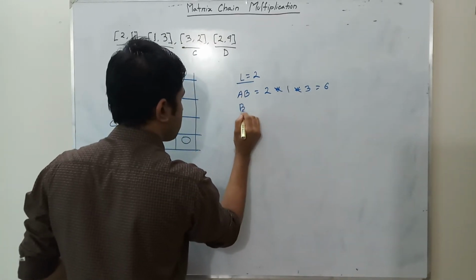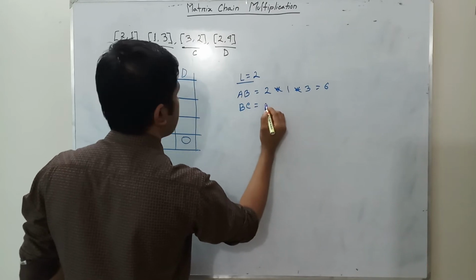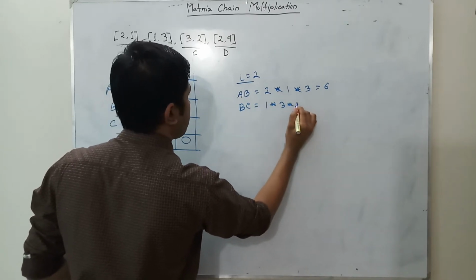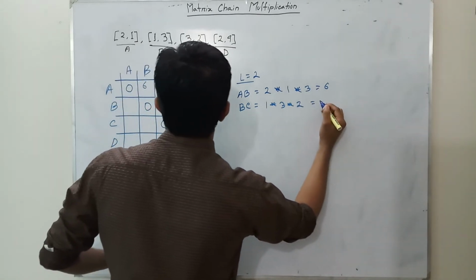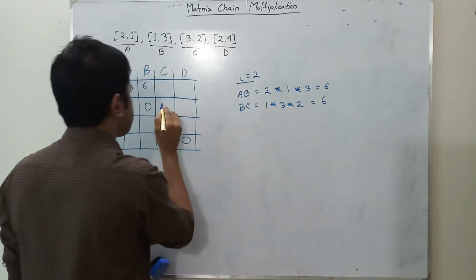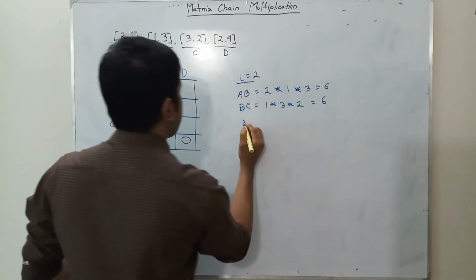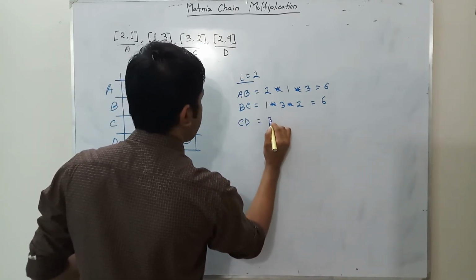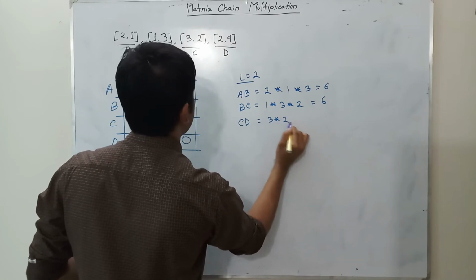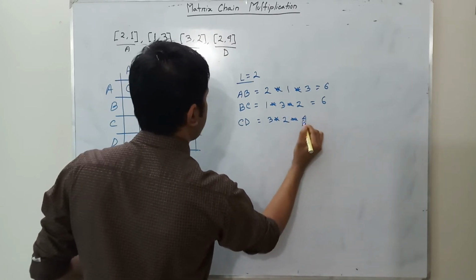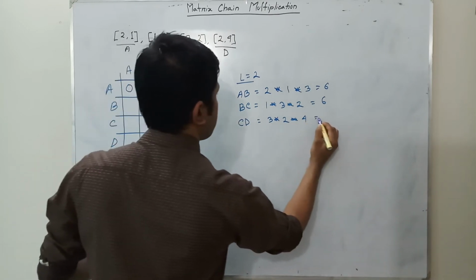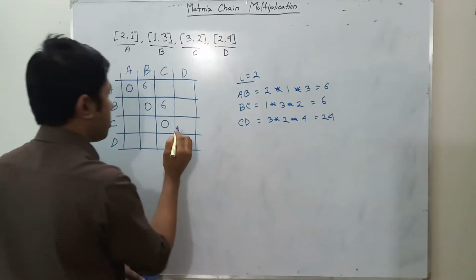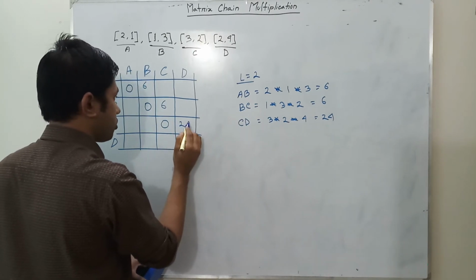For BC, 1 into 3 into 2 equals 6 operations. For CD, 3 into 2 into 4 equals 24 operations. Here we need 24 multiplication operations.